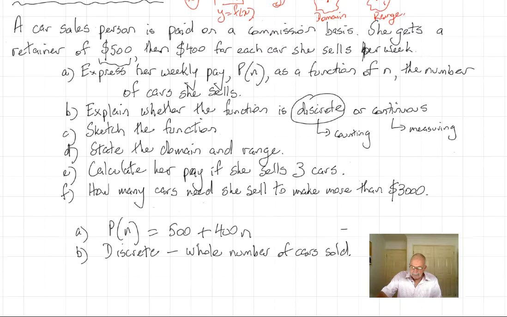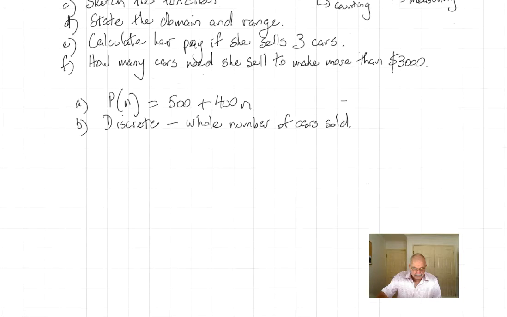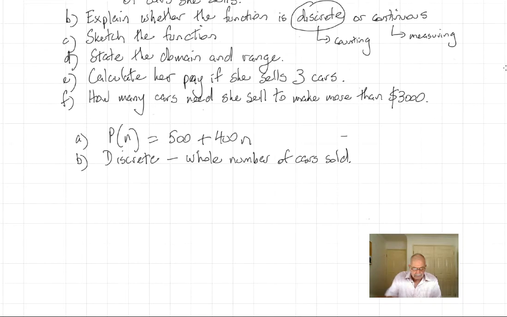Sketch the function. Now a sketch is not an accurate representation, and it doesn't have to be. It can be done freehand. So here will be my P of n, and here's my number of cars sold: 0, 1, 2, 3, 4, 5.